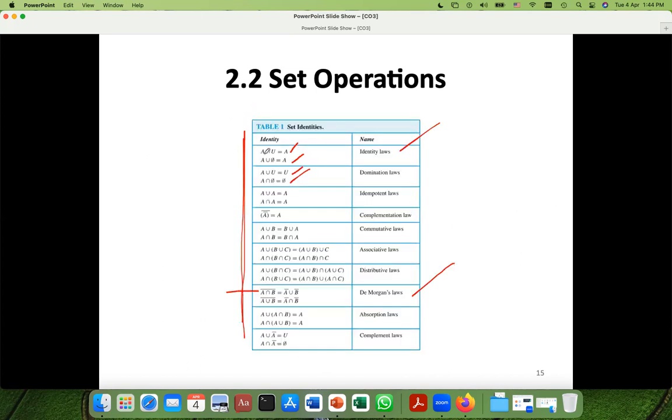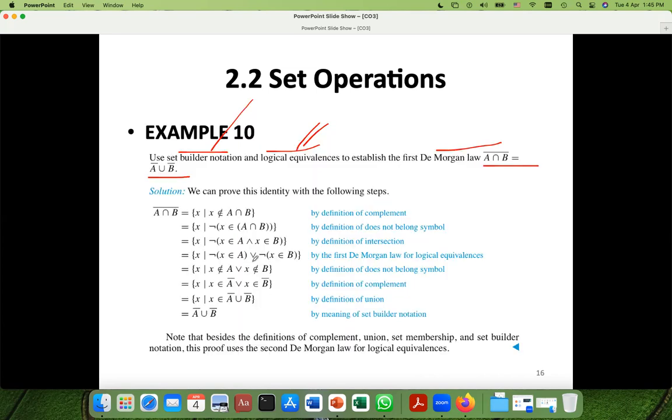Or you can say this one is equal to that one, that is also the definition. You can build your arguments by using some mathematical notations, which is called builder notation.